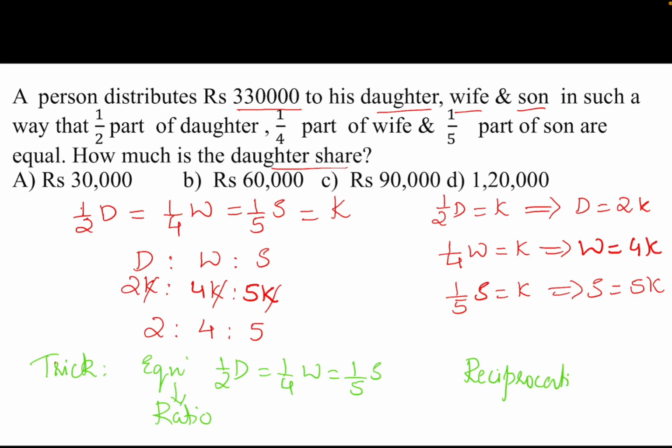That is, 1/2 becomes 2, is to 1/4 becomes 4/1 or just 4, is to 1/5 becomes 5. The same thing we got here. So just by reciprocating we will get the direct ratio.